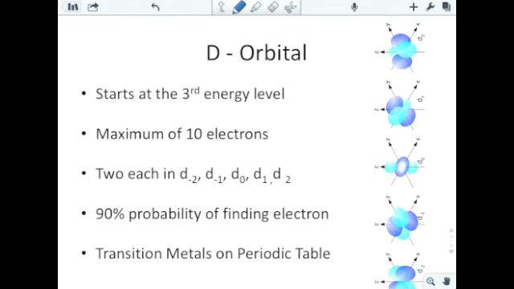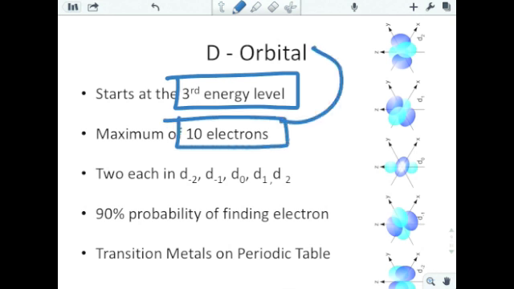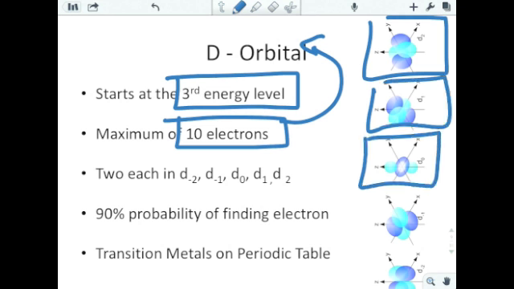Now, the other orbitals that we have: the d orbital, which starts in the 3rd energy level. Okay, the only things in the first 2 energy levels are going to be s and p. In the 3rd energy level, we bring in d. Now a maximum of 10 electrons can fit in the d orbital. So if it has 10 electrons, we see that it has 1, 2, 3, 4, 5 sublevels.